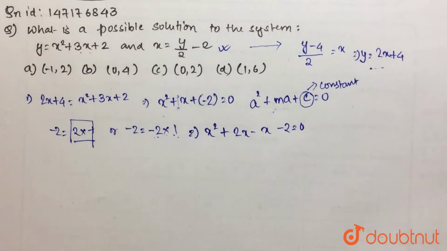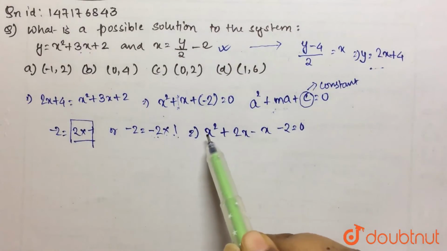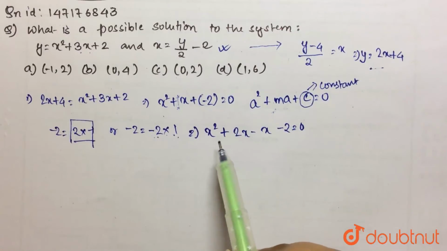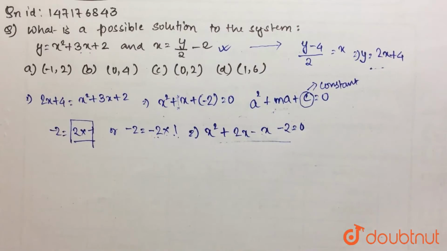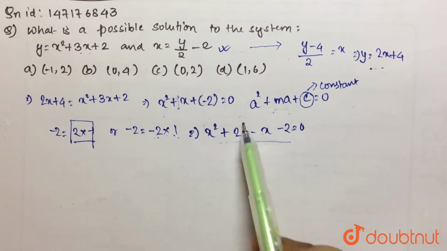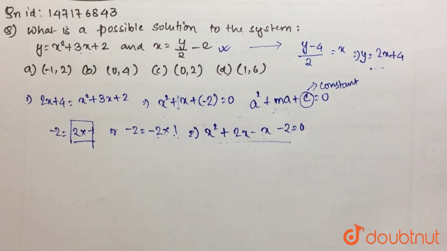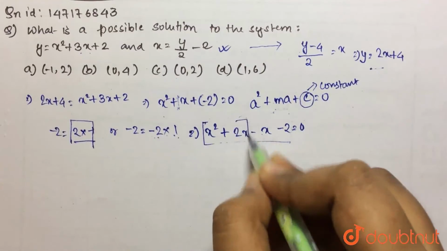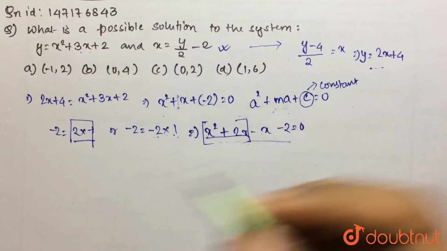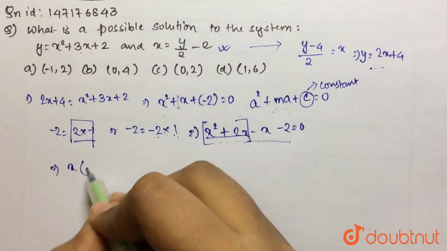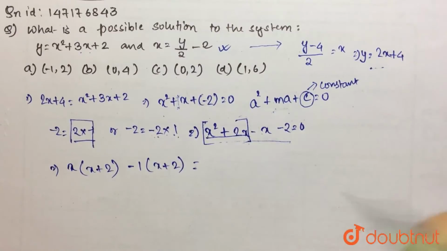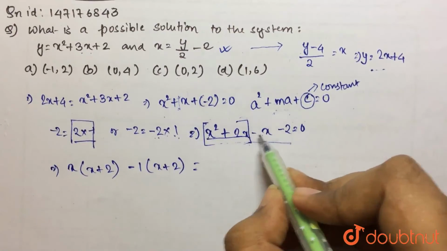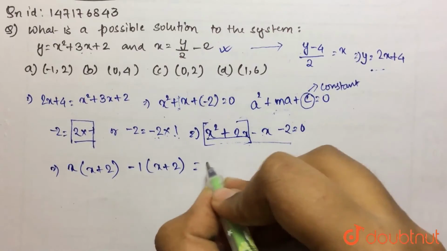Now we are going to do the common separation. We will separate the terms which are common within two sets of this total equation. See, there are 4 terms, so we will consider two terms at a time, and we are going to extract the common term out of those two terms, right? So first we are going to take the first two terms. So x is common, so we will go for x common into x plus 2, minus 1 into x plus 2, because in these two terms we have minus 1 as common. So minus 1 into x plus 2 equals 0.